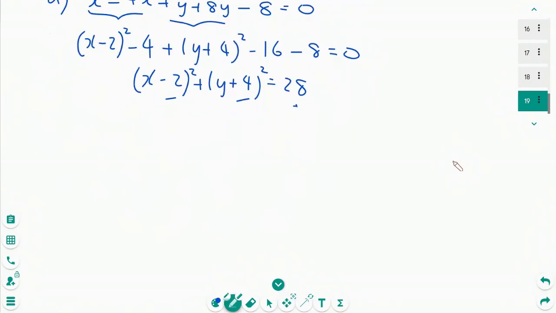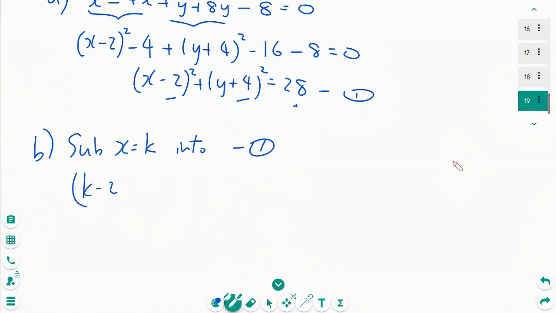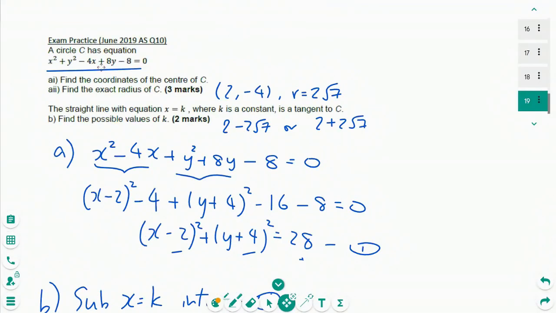So you substitute X equals K into the circle equation, let's call it equation 1. So (K minus 2) squared plus (Y plus 4) squared equals 28. Actually, this is a dumb way, because when I expand the bracket, it'll give me back the question.